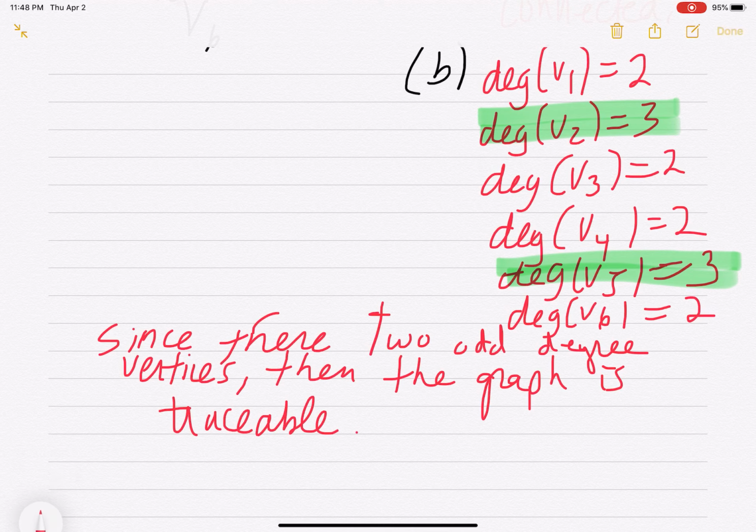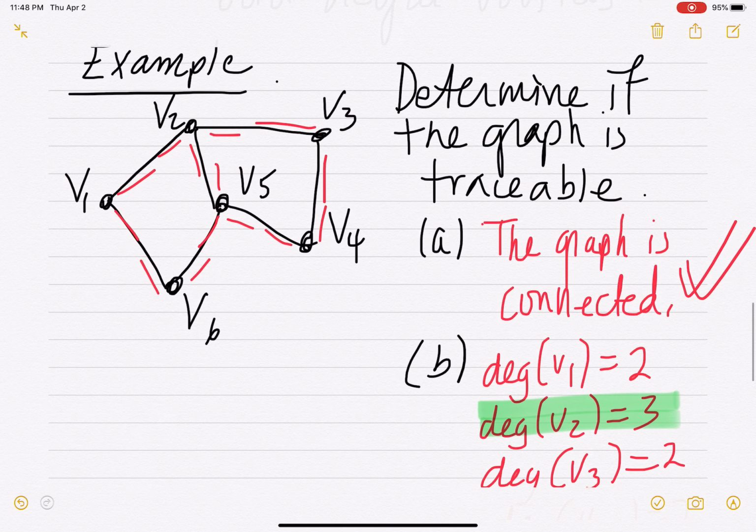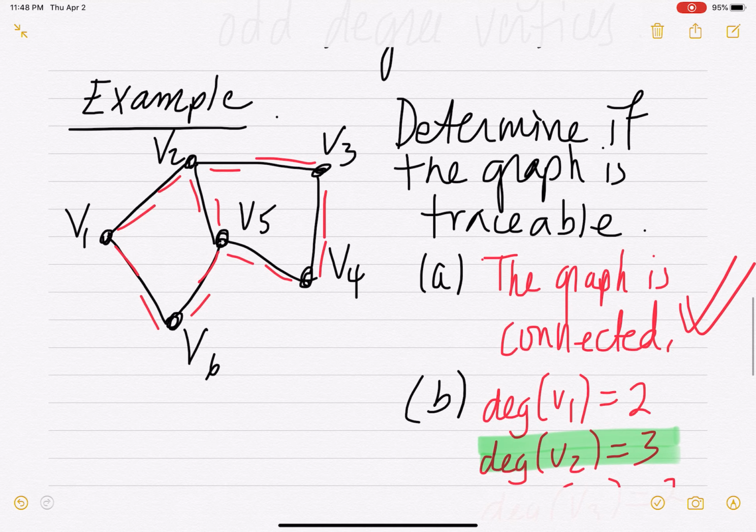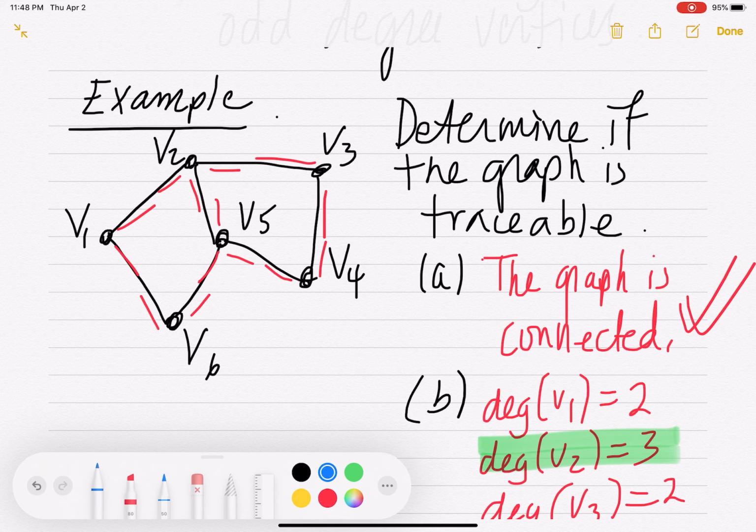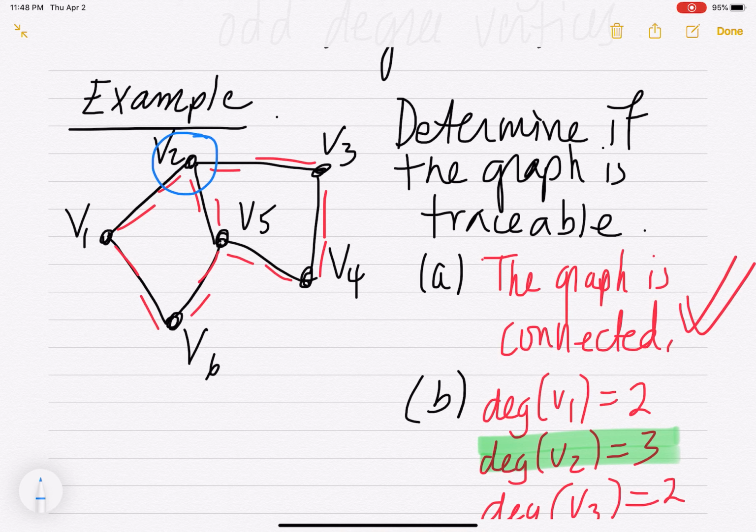Okay, let's actually find a path that traces the entire graph. Let's start. So what you want to do when you have 2 vertices of odd degree, you want to start at one of your odd degree vertices like V2, right? And you want to start your path. So here's a path that traces the graph.